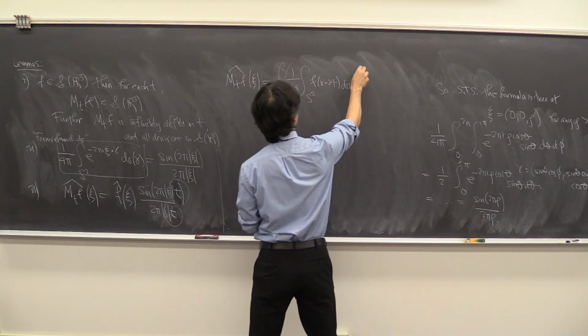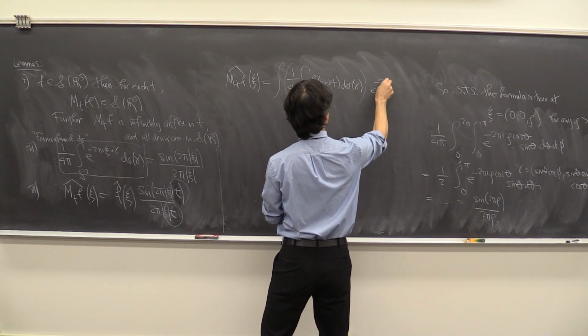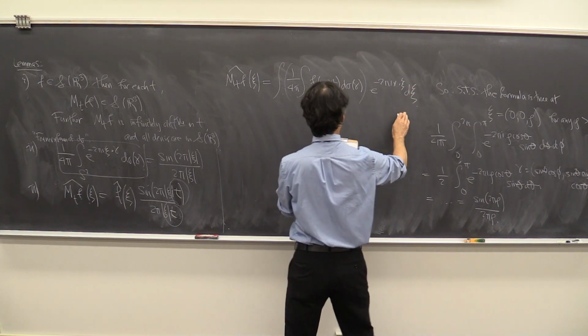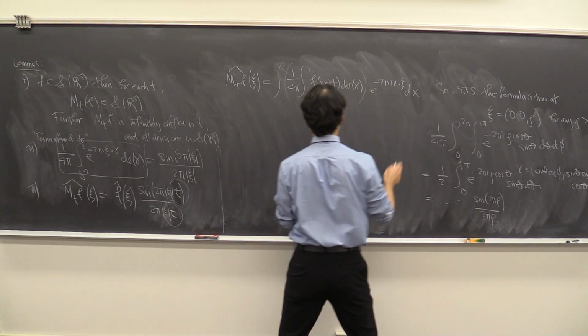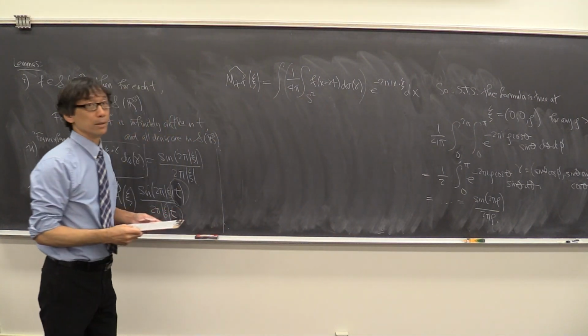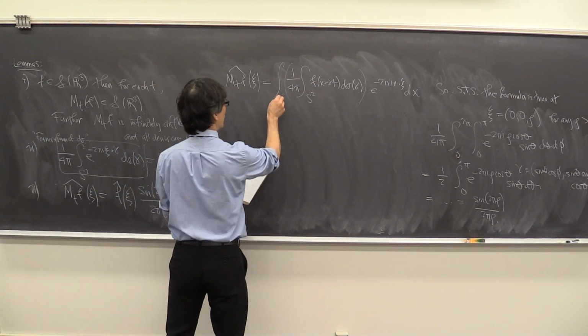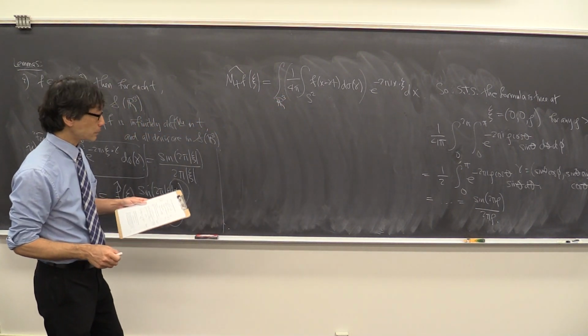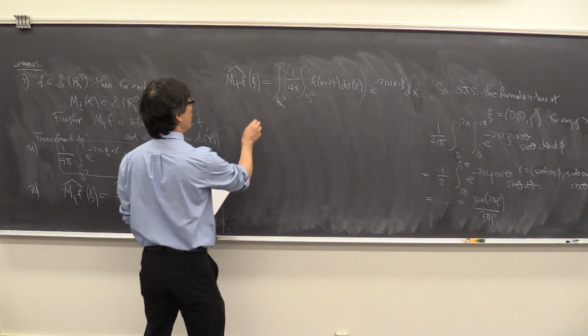And then integrate that against e to the negative 2 pi i x dot c, dx. So that's just a Fourier transform over R3.